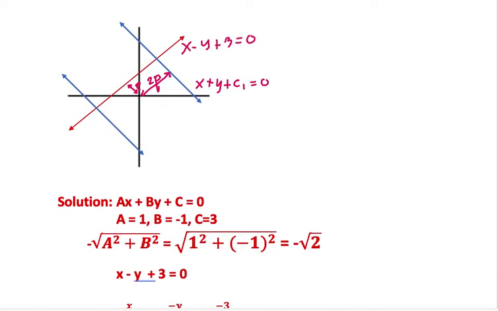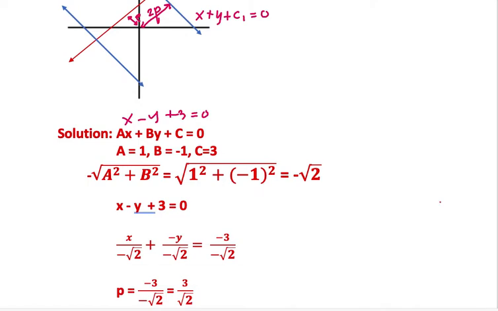So we have the general form ax plus by plus c equals 0. I forgot to write the equation. It should be x minus y plus 3 equals 0. So a is 1, b is negative 1, c is positive 3. Okay, then negative.